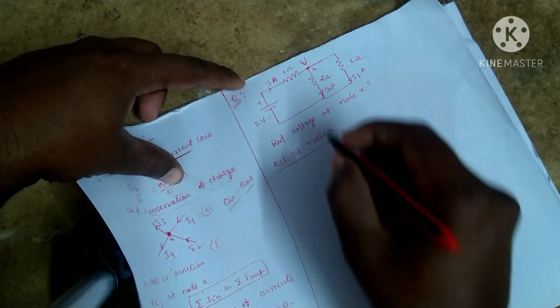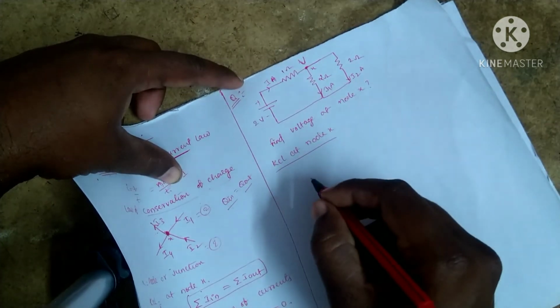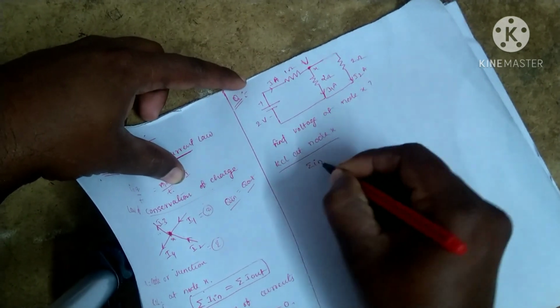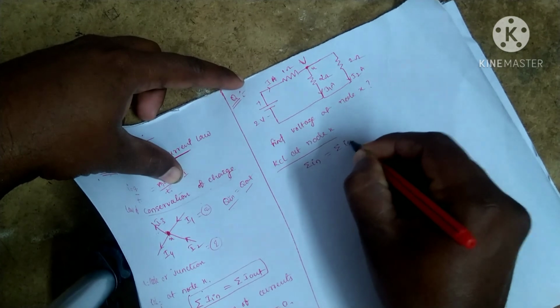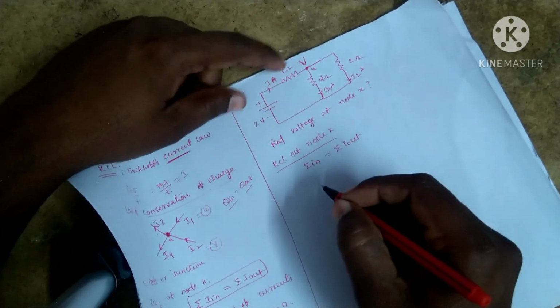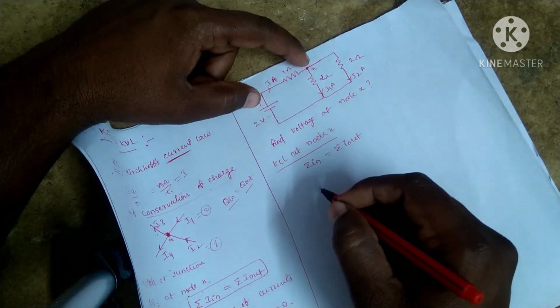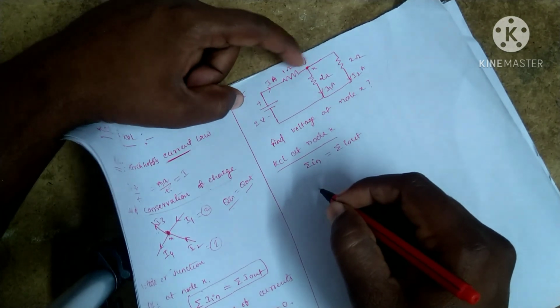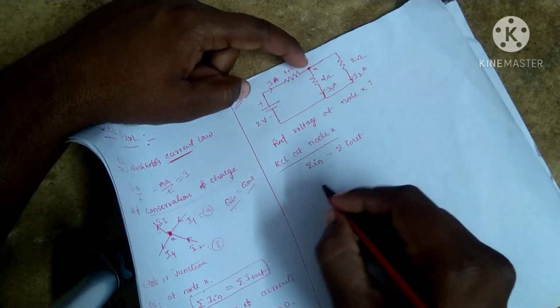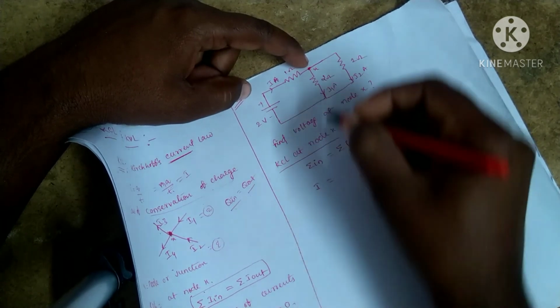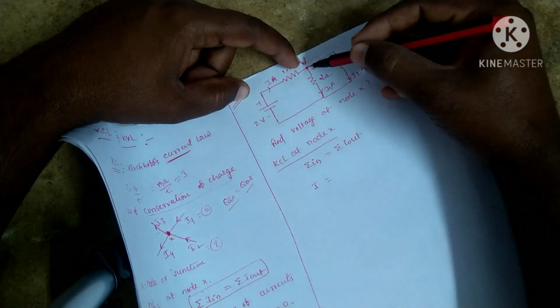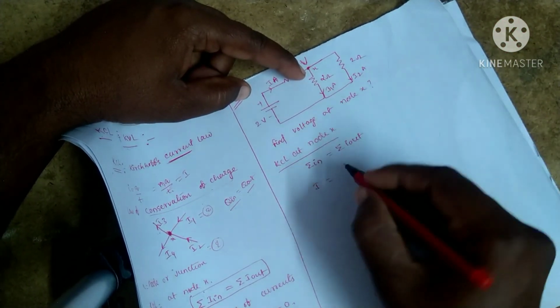KCL means the sum of incoming currents is equal to the sum of outgoing currents. So this is node x. For this node, I ampere is the current coming towards the node. That is, I is equal to the outgoing currents, the currents going away from the node, I1 and I2.